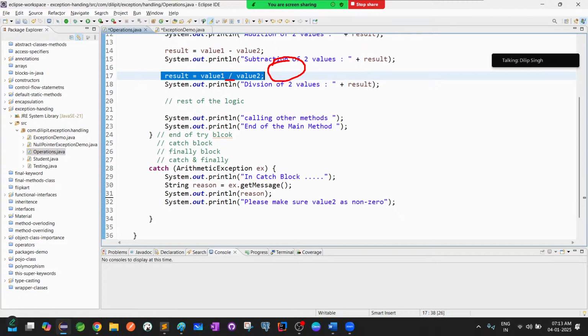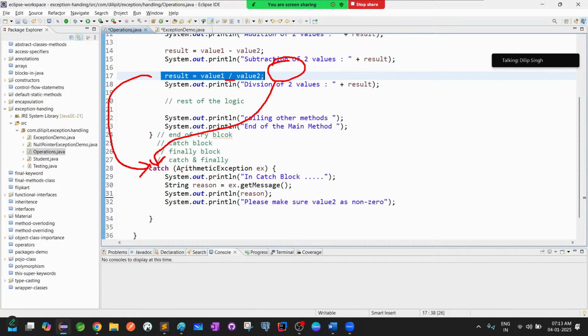Based on the exception reason, it chooses an exception class and creates an exception object, and that exception object is forwarded to the catch block. So the moment the JVM gets an exception at line number 17, it immediately jumps to line number 28.